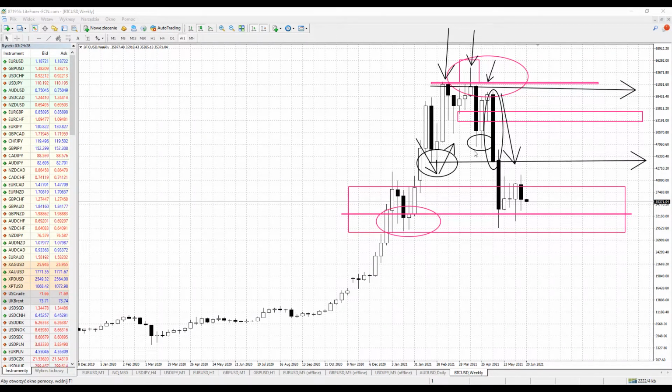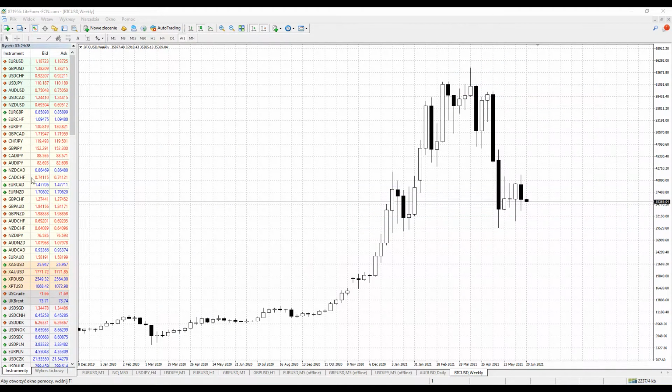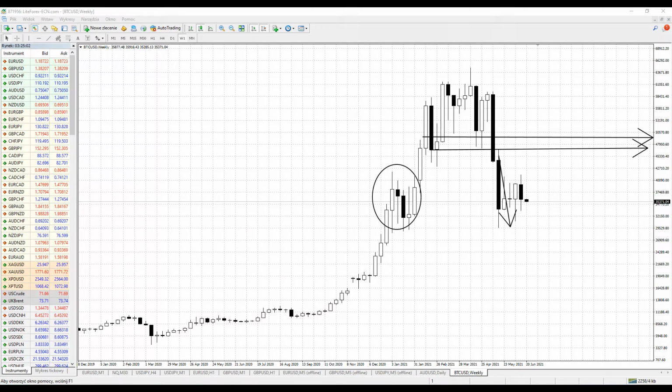We've seen the retest of that swing low level, and the continuation to the downside. Taking all of that into consideration, after the break through the 50k significant psychological level, we are expecting that once we see the retest of that level, we might see continuation to the downside. That's what we've seen on that chart.